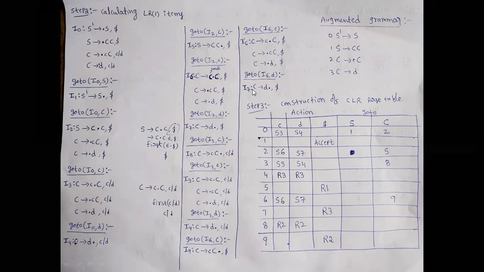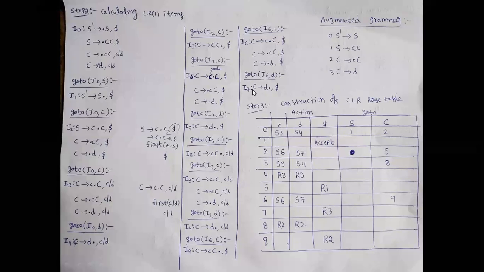Is there any doubt with this one? Anyone? In the previous example, SLR parser, we only had to calculate the go to function, so we were calculating LR(0) items. In this CLR parsing, we have to calculate the LR(1) items. That means LR(0) plus look ahead.